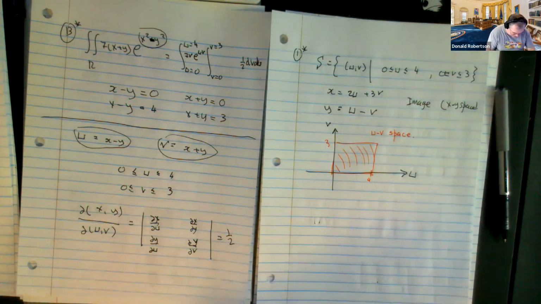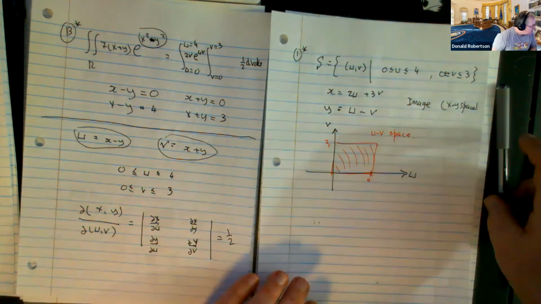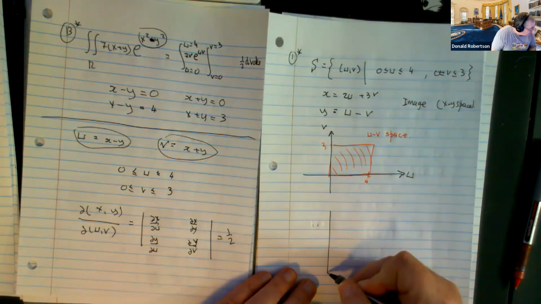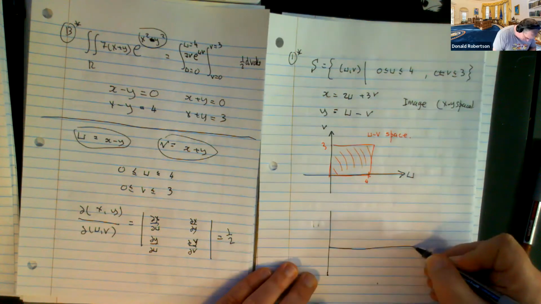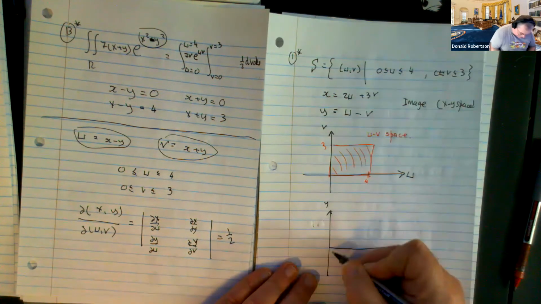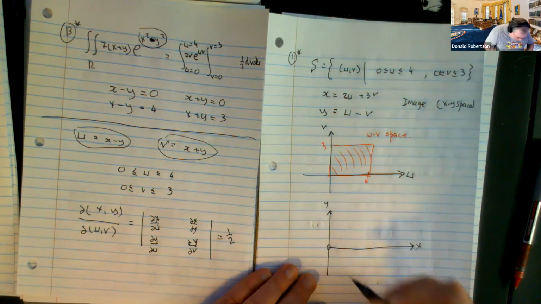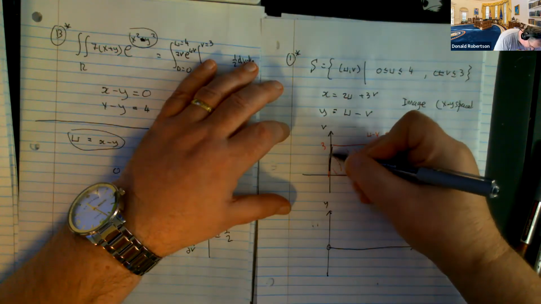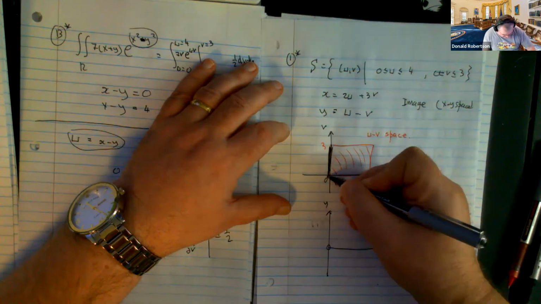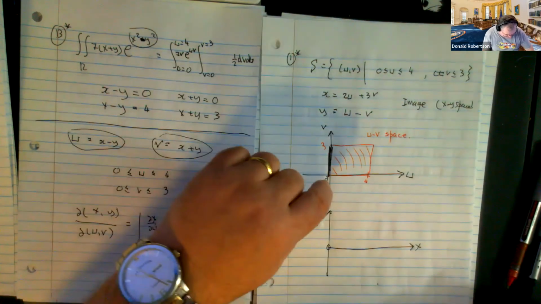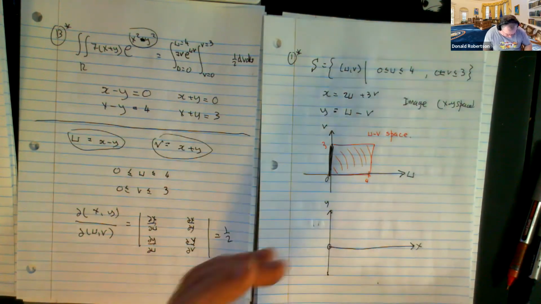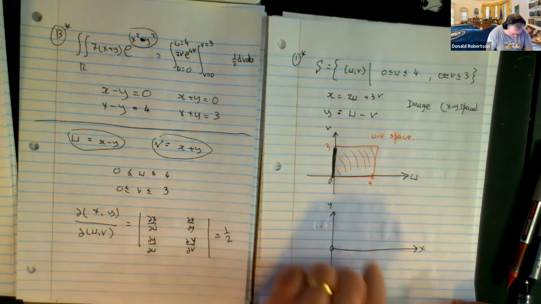And we're going to take this shape and figure out what it looks like in XY space. So what we're going to do is take all 4 sides. Let's start with that side there and figure out what these things look like when you convert them into X's and Y's.